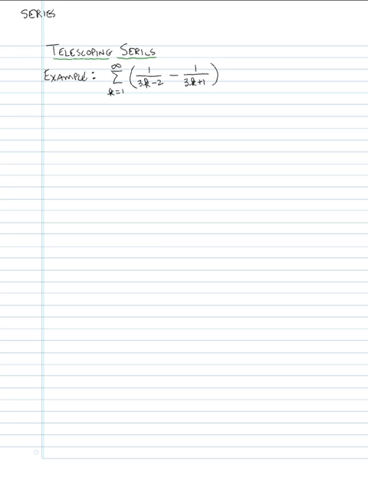So let's look at the first partial sum. The first partial sum would be when k is 1. When k is 1, we don't really have things to add up. We have only one term. And so that would be 1 over 3 times 1 minus 2, subtract 1 over 3 times 1 plus 1.